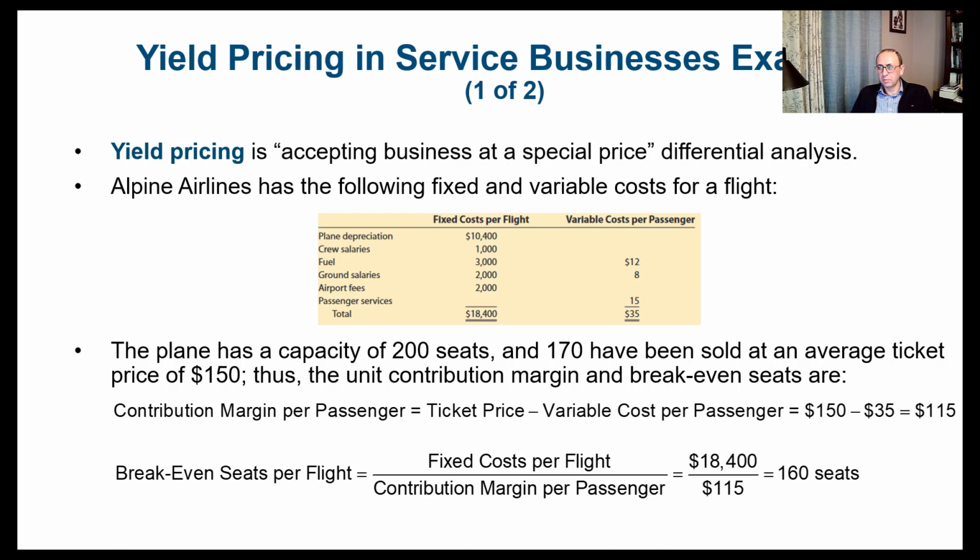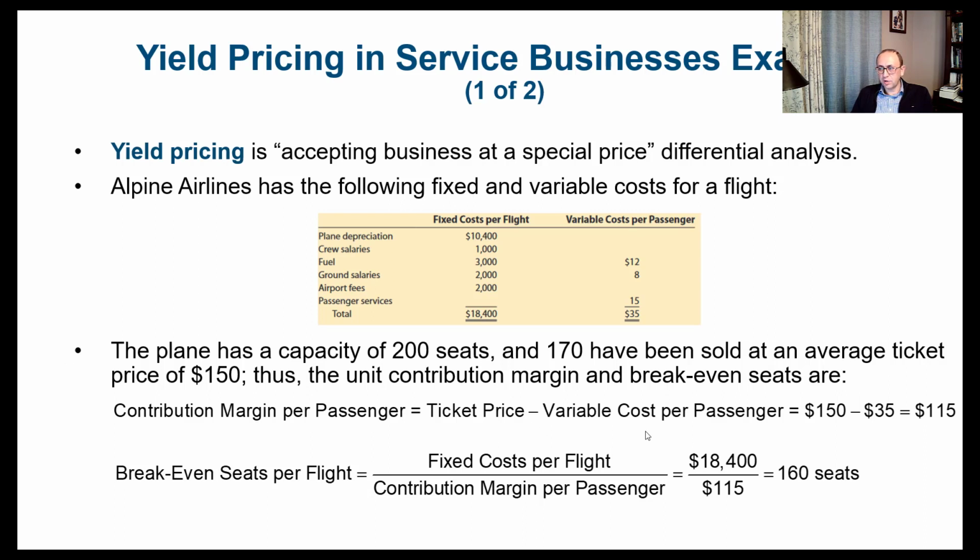Again, because the more passengers you have, the more fuel they would need, ground salaries, and passenger services. So you see here, variable cost per passenger in total is $35, but the fixed cost per flight is $18,400. The plane has a capacity of 200 seats, and 170 have been sold already at an average ticket price of $150. Therefore, the unit contribution margin and break-even seats will be calculated as follows.